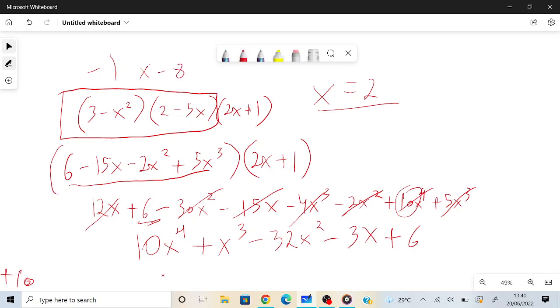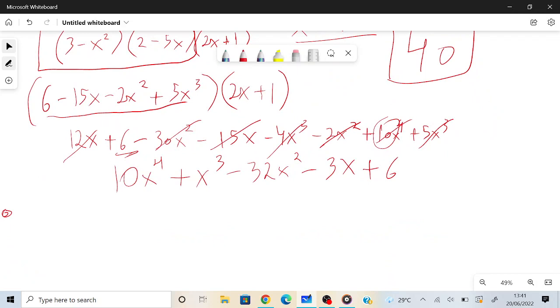And 2 into 2 plus 1 is 5. So minus 1 times minus 8 times 5, that is 40. So once we do expand it, this should be equal to 40.